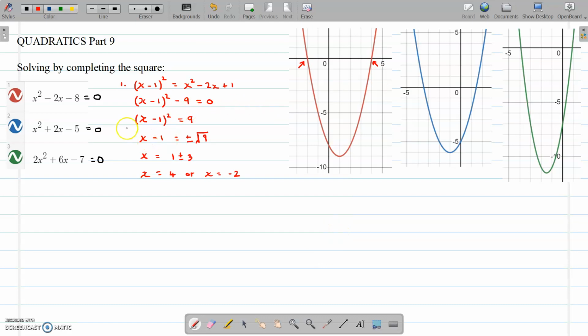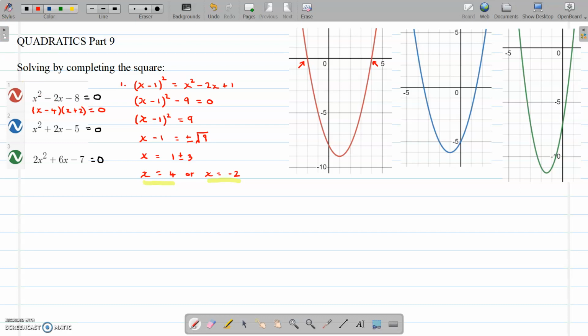And just to show the factorization, which in this case, of course, would have been quicker, we would have that factorizing to be x minus 4 times x plus 2. And when we solve that, we would have got, of course, the same solutions as we did here. So that is how you would solve that by completing the square, and those are the solutions.